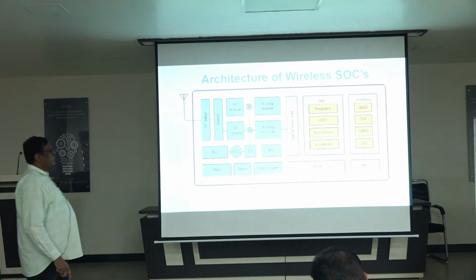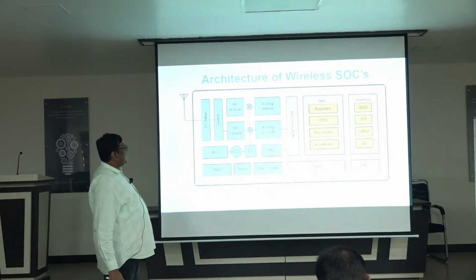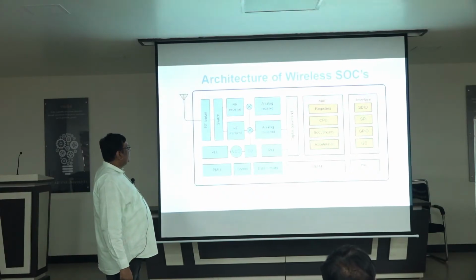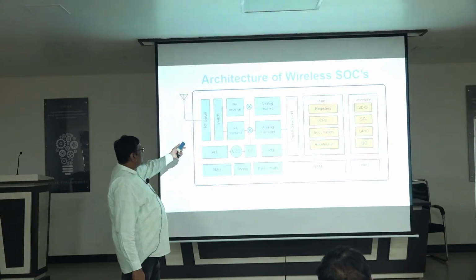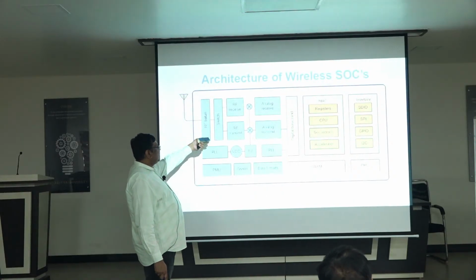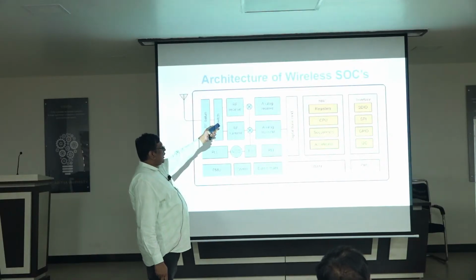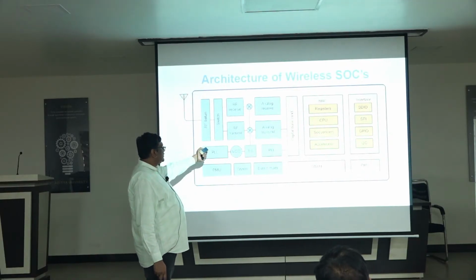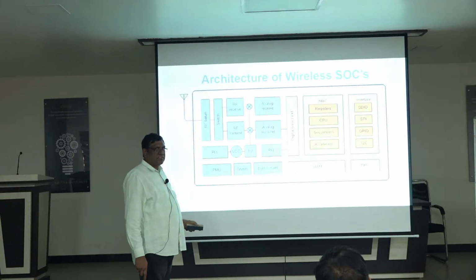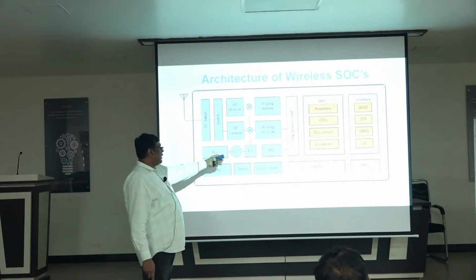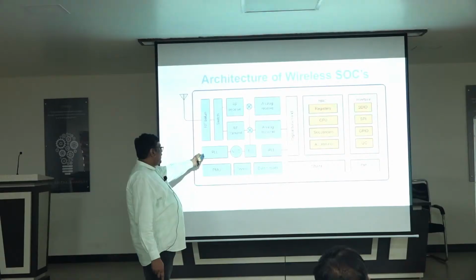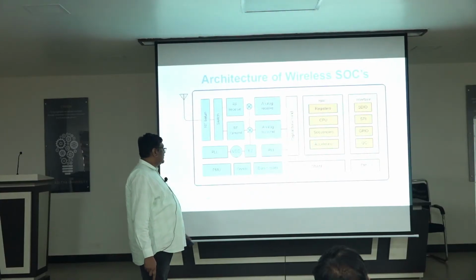If we replicate that in a diagram, you can see RF switches, RF receiver, transceiver, some multipliers, analog receivers, analog transmitters. The divide-by-2 blocks are nothing but dividers. These are the voltage controlled oscillators and PLLs.